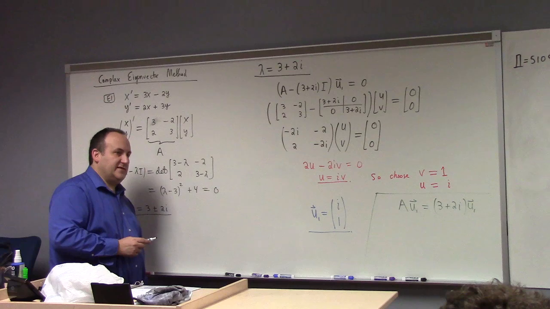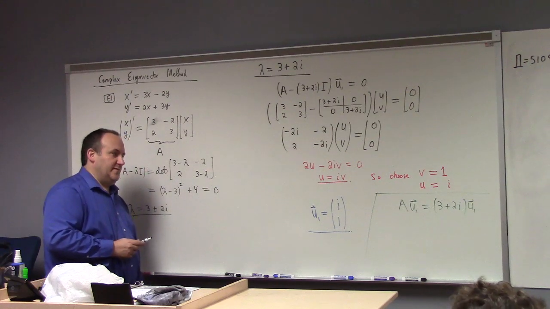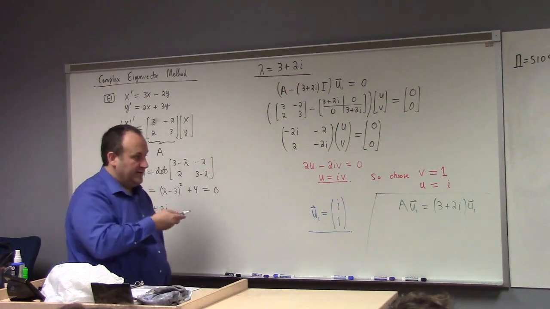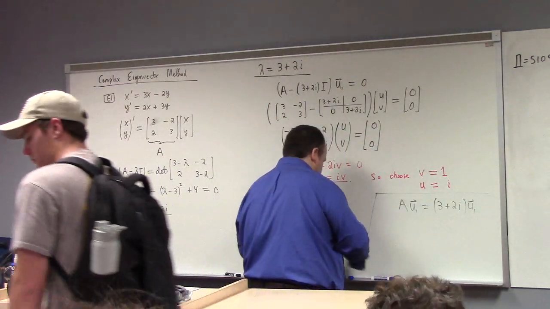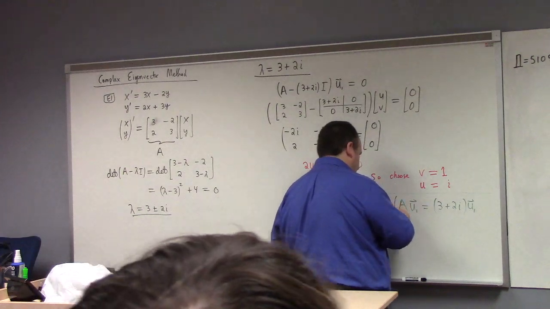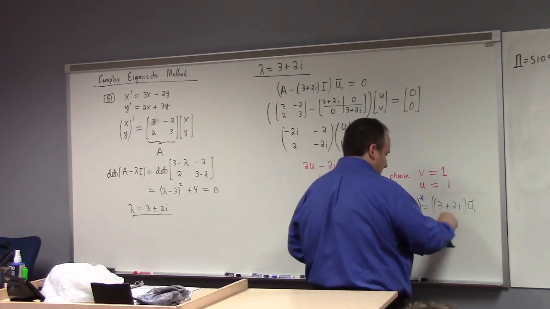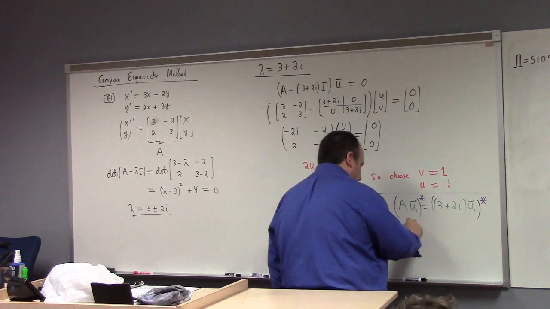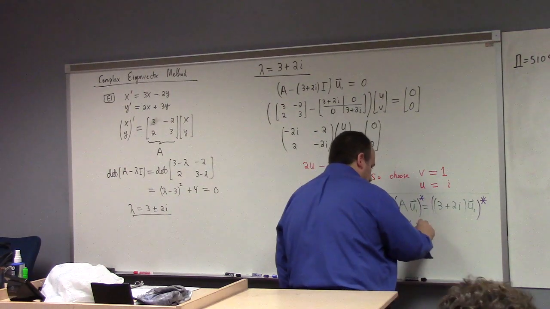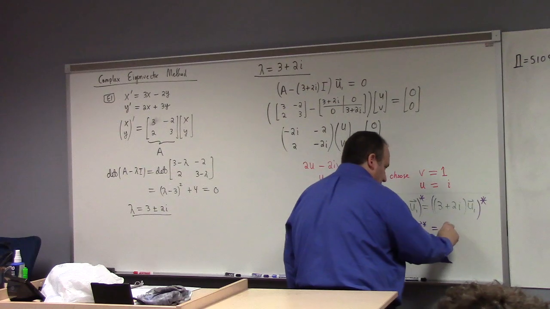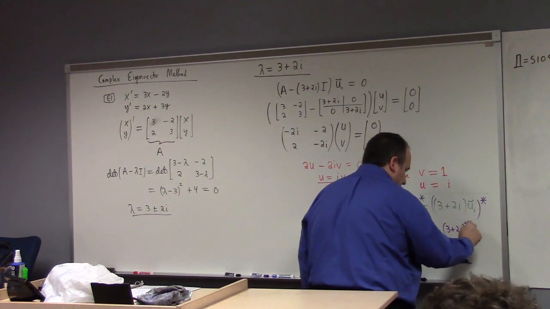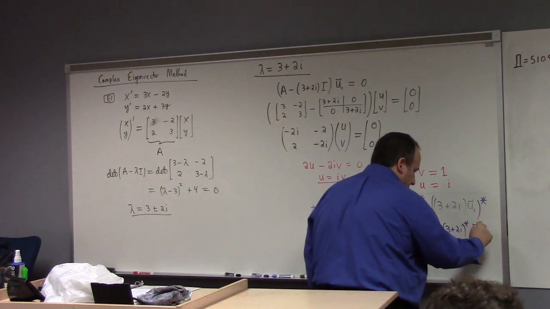What's the complex conjugate of an equation? So complex conjugation is when you switch i to minus i, right? So if I take the complex conjugate of this equation, what does it give me? I get A conjugate times u1 conjugate equals 3 plus 2i conjugate times u1 conjugate.